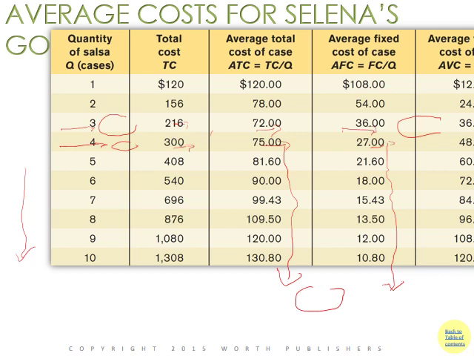So in order to produce an additional case of salsa, you're going to have to increase the amount of variable inputs you need in order to get your additional output. So when the marginal productivity of your variable inputs goes down, average variable cost increases.